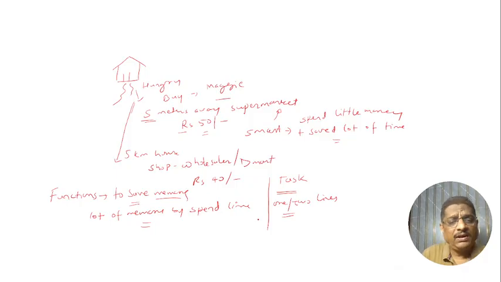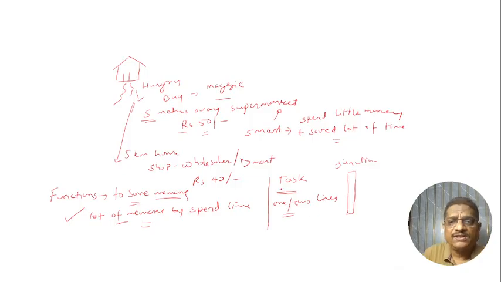The time spent will be the same, whatever time we spend for storing the return address and pushing arguments to the stack. But the amount of memory saved will be very meager. If there is very large code, then if you write a function, you will be saving a lot of memory by spending some time.